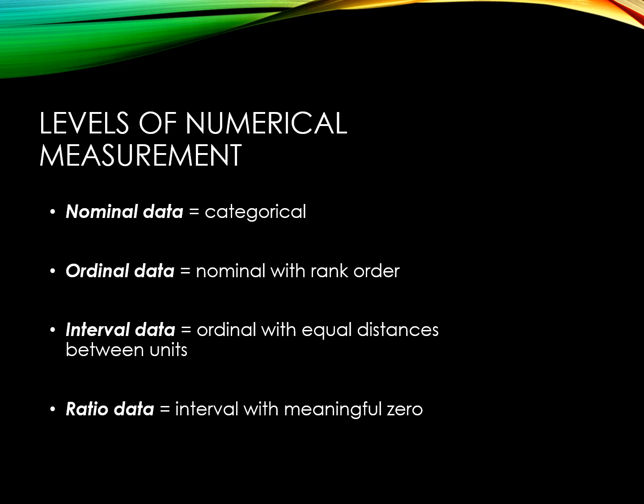Then further down the road, we're moving from like 12 to 13 miles per hour or whatever it may be, right? 12 to 13, we know that that 1 mile difference is the same length as the 1 mile previously. Then we can look at ratio data, which is interval data with a true meaningful zero.